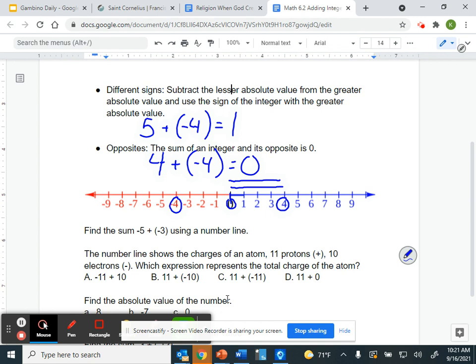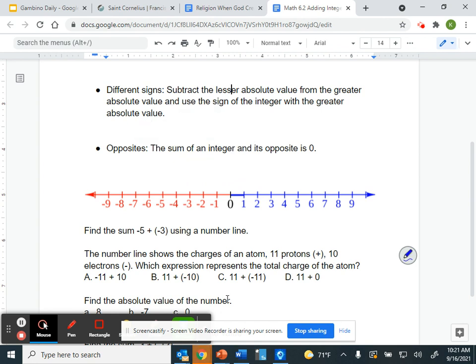All right, so find the sum. Now we have a couple of work problems. Find the sum of -5 plus -3 using that number line. So look at that number line on your paper. Start at -5, and you're gonna go -3. They are like signs.